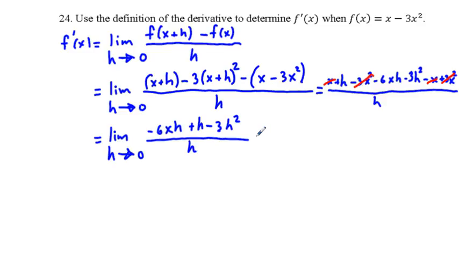Over h. And when we cancel everything, we're going to get the limit as h approaches 0 of, I won't even draw that horizontal line, negative 6xh over h is going to be negative 6x, and h over h is going to be plus 1, and then we're going to have minus 3h squared over h, so we're going to have minus 3h.